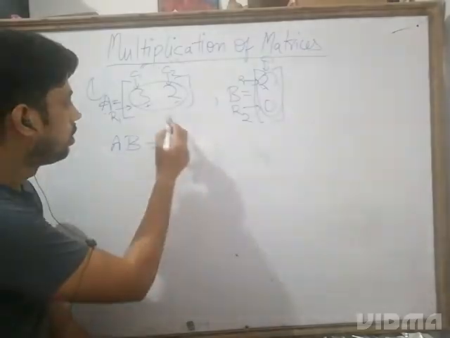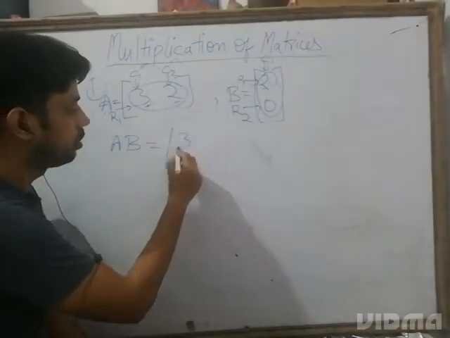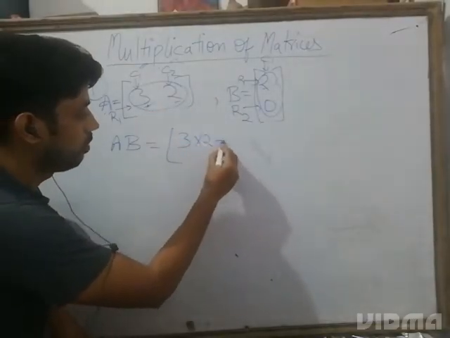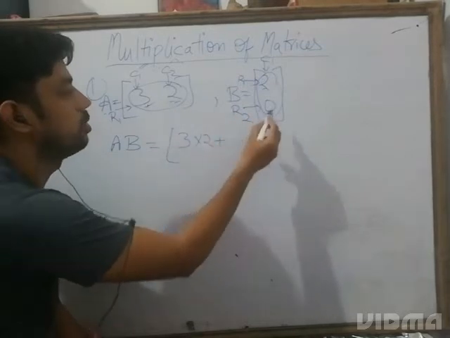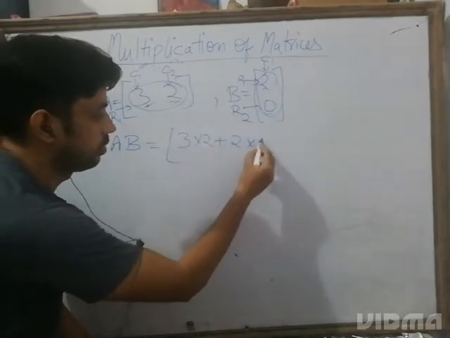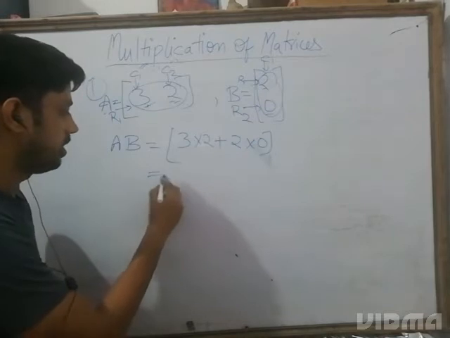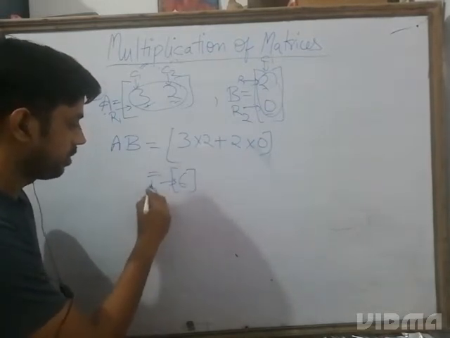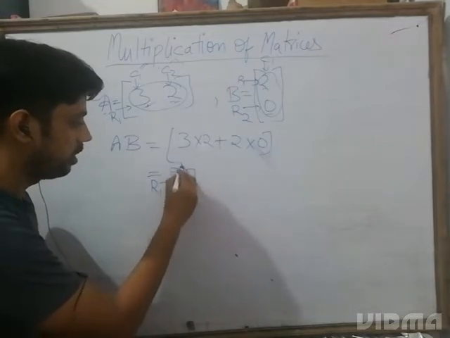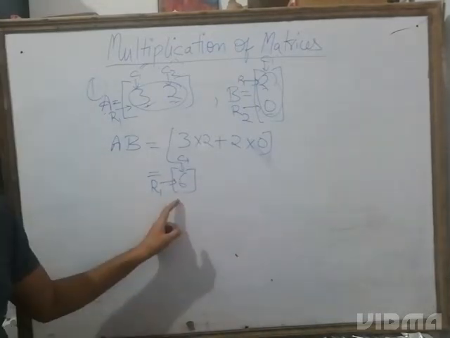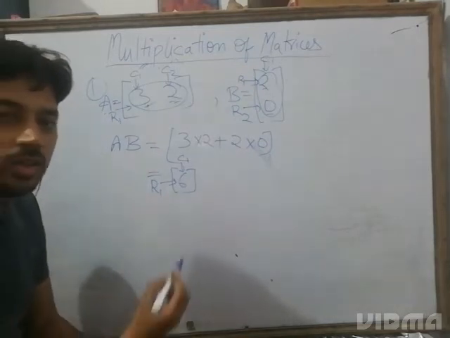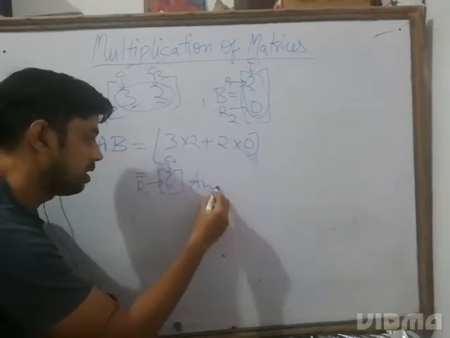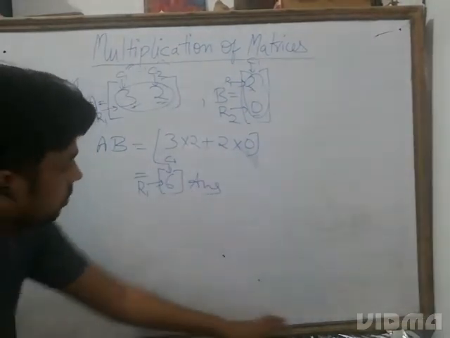So 3 into 2 plus 2 into 0. What will be the resulting matrix? It is 6. So you can see there is only one row and one column. So this is our order and this is our answer.